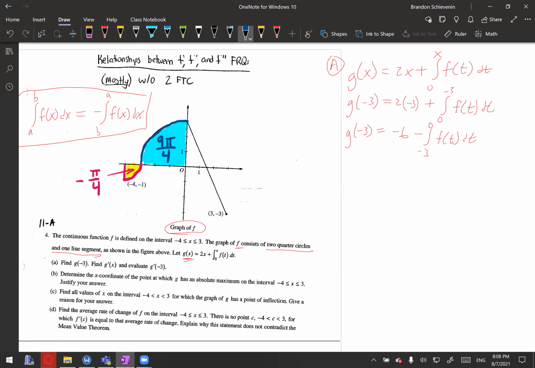Okay, that's as far as I need to go in order to find g at -3, since we only need that area from -3 to 0.